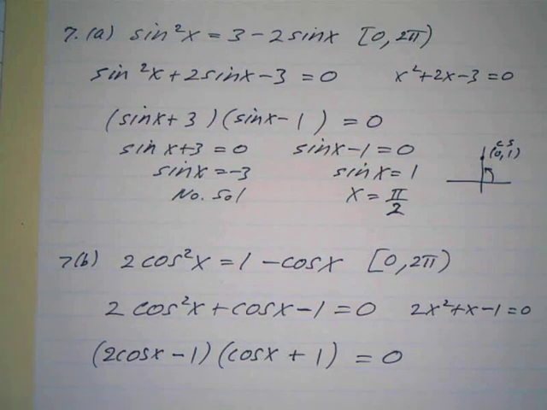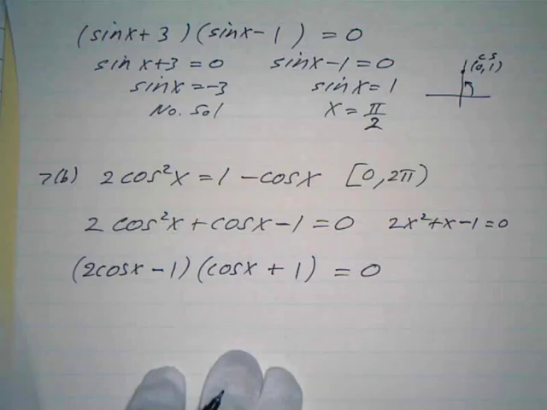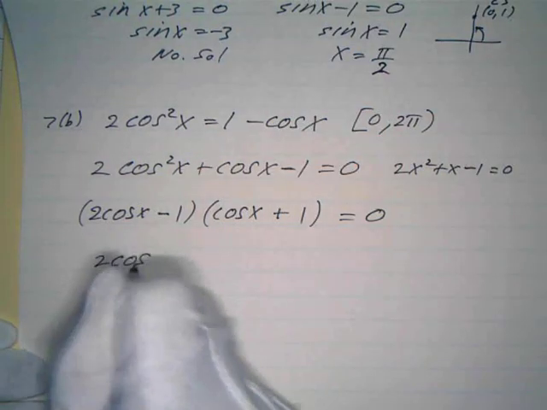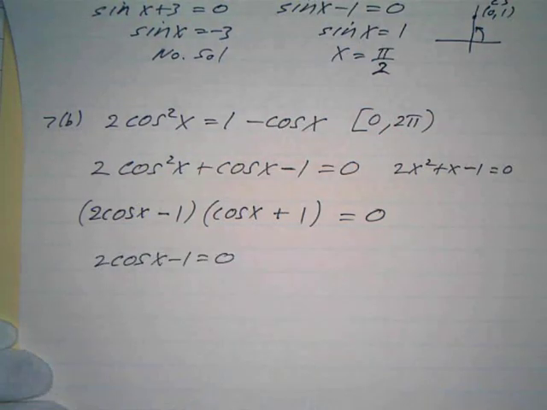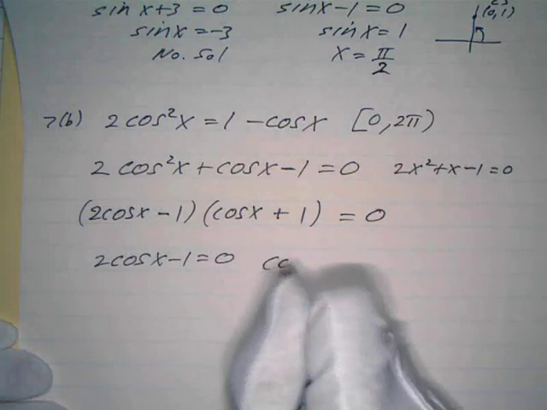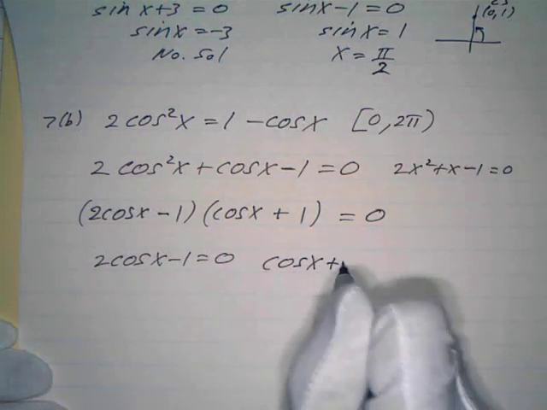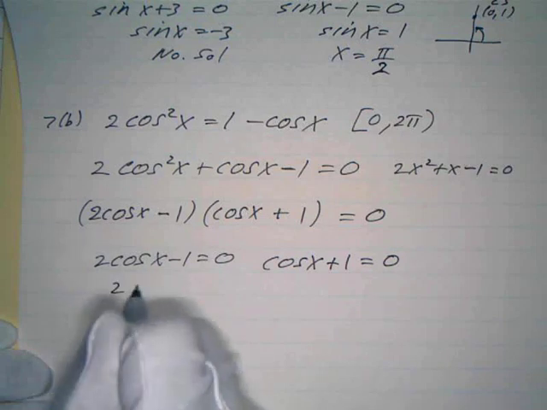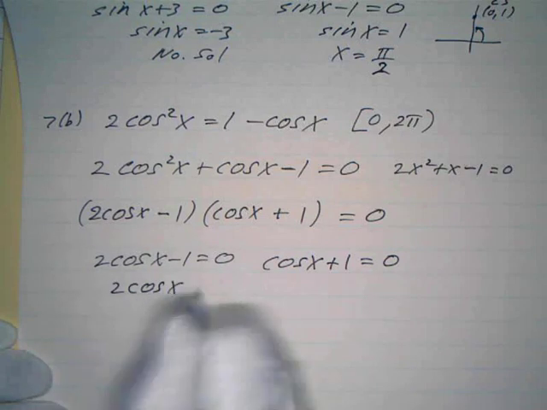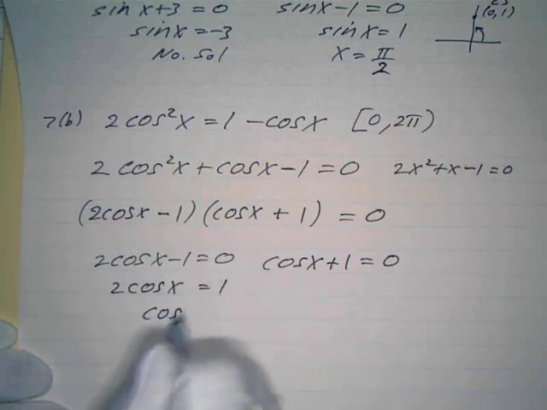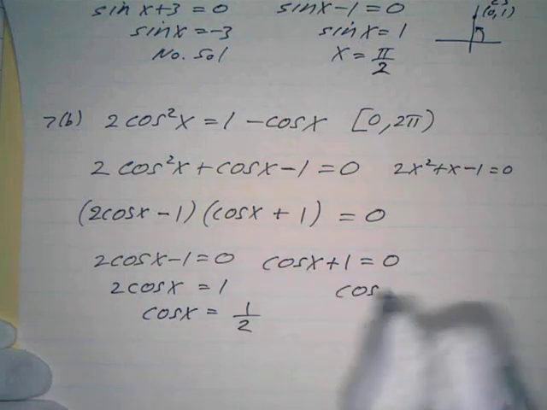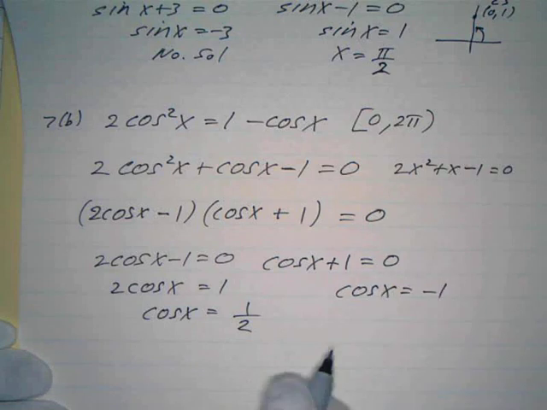So again, we set each of those equal to 0. So 2 cosine of x equals 1, so the cosine of x equals 1 over 2. And the cosine of x equals negative 1.